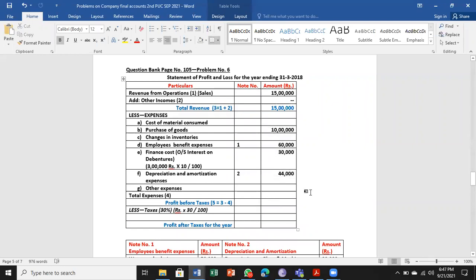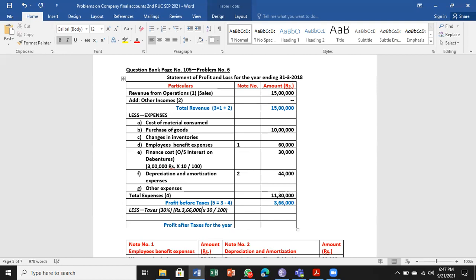So the total of the expenses will be 11,30,000. So 15 lakhs minus total expenses. 15 lakhs is the total income. Total expense is 11,30,000. Profit before taxes will be 3,66,000.